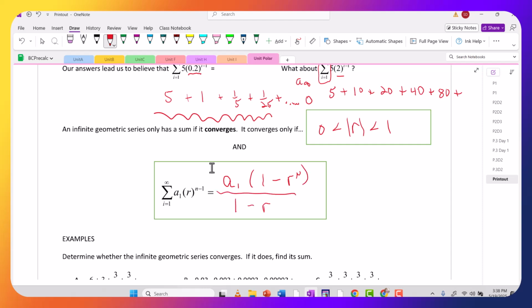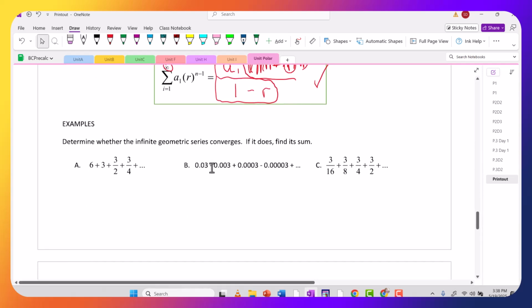But when this r is between 0 and 1, and you raise it to the infinite power, this becomes 0. And 1 minus 0 is just 1. So that's what's amazing. When you have a convergent series, when your r value satisfies these conditions, this formula will give you the infinite sum of that series.